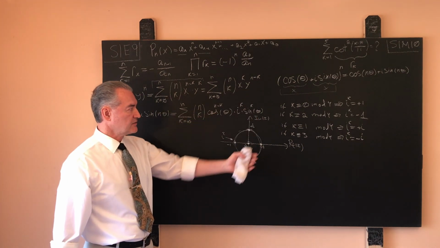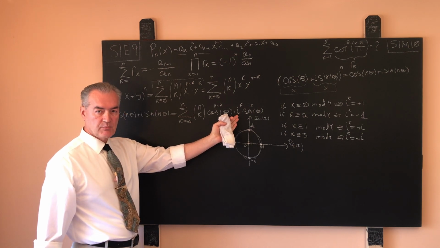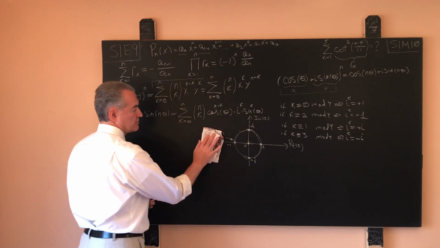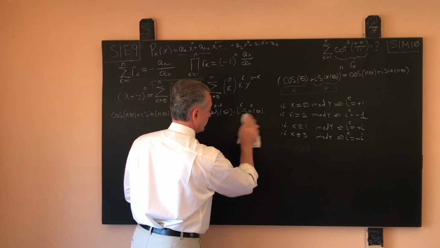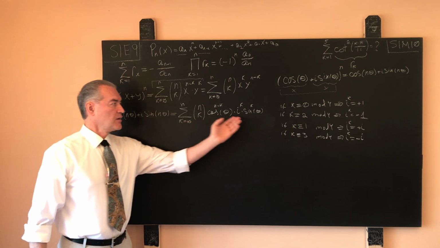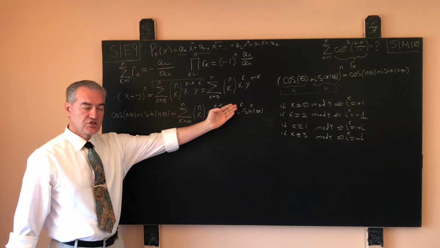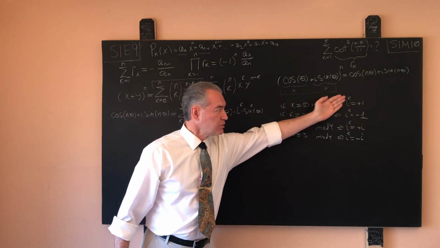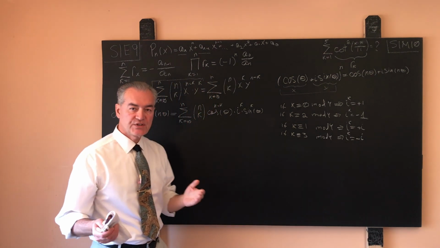Now that we understand how the imaginary unit i raised to the integral power k will behave, we can spell out this particular binomial expansion by observing that no matter how the variable k changes in this binomial expansion, it will either become plus or minus 1, or it will become plus or minus i. And what does that mean?